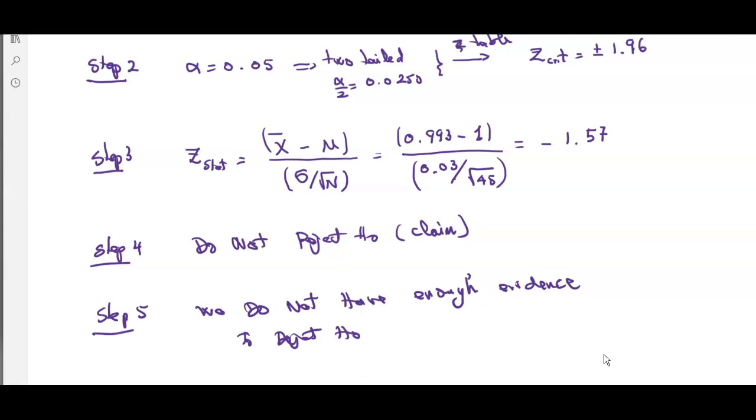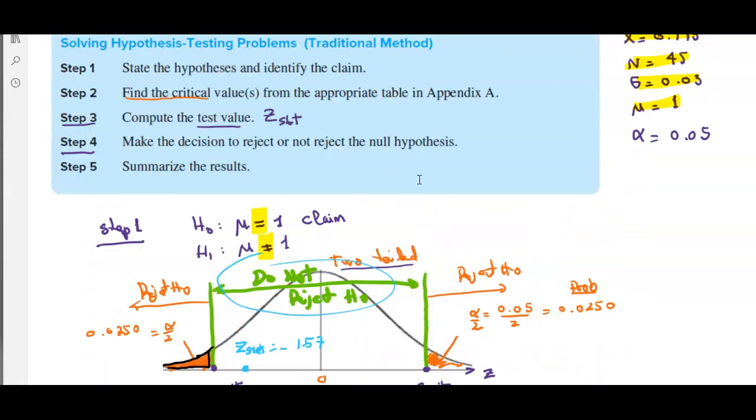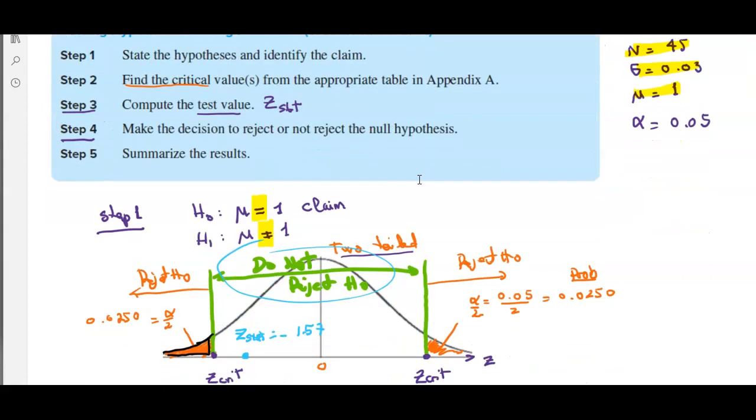So we are supporting the claim, all right? And finally, the conclusion will be that H0 is correct, we cannot reject it. It means that the mean is actually equal to 1 gallon, all right? So that's the statement that we had in the beginning, right? This is H0, we did not reject.